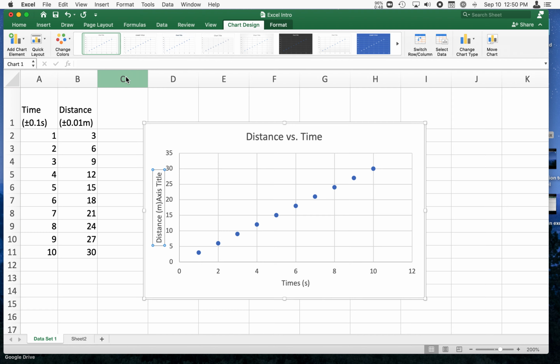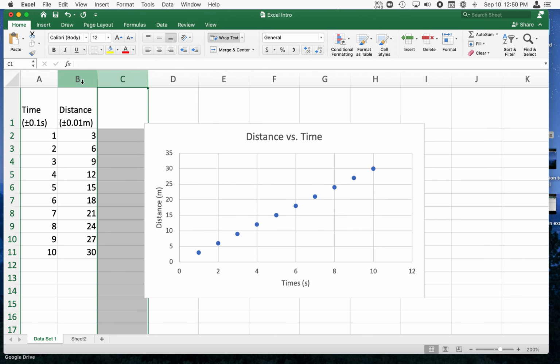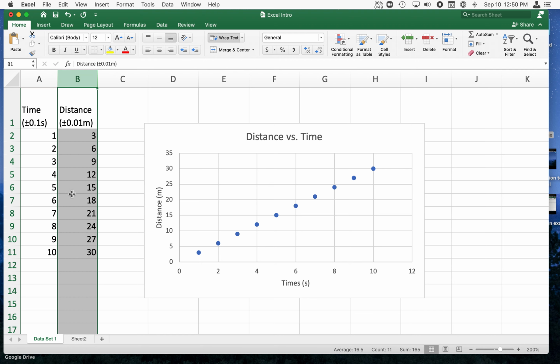Now, Excel will always put the quantity that is further to the right on the y-axis. So distance, column B, comes after column A. So that's going to be on the y-axis. The one that comes first is going to be on the x-axis. The same thing would be true if it's flipped. Okay?